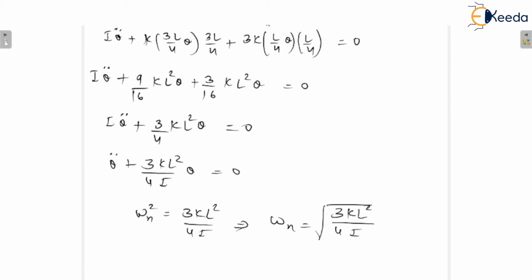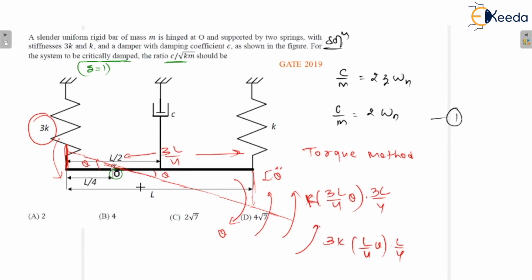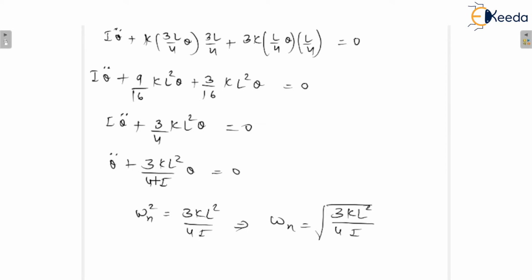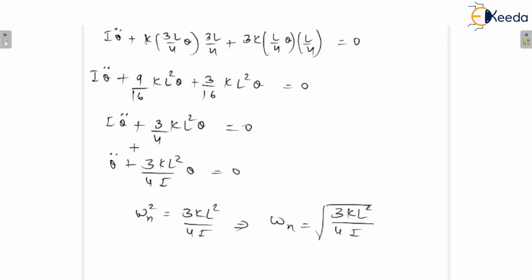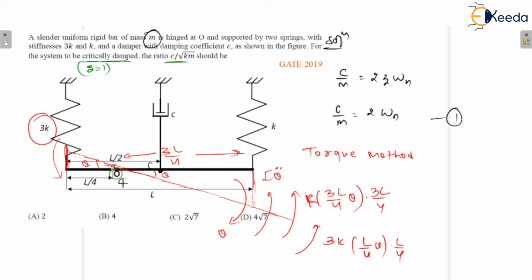What is the moment of inertia? We have to calculate it because the mass of the bar is given. This is the center of mass of the bar, so the moment of inertia about point O would be Ig plus m d square, where d is the distance between the center and the hinge point. Ig is ml square upon 12, plus m times d square, where d is L by 2 minus L by 4, so that would be L by 4.